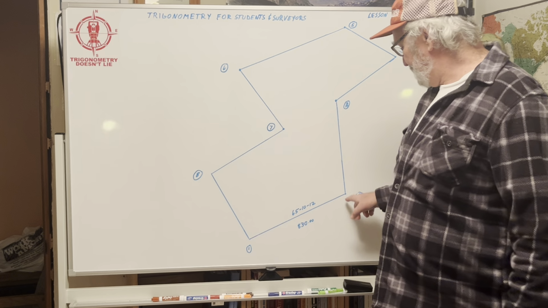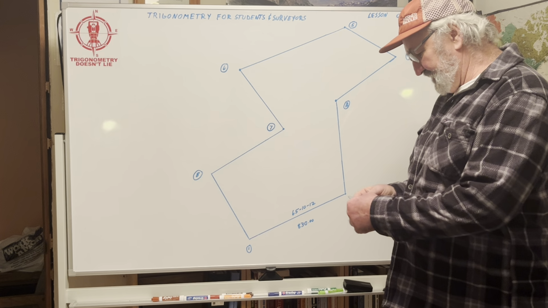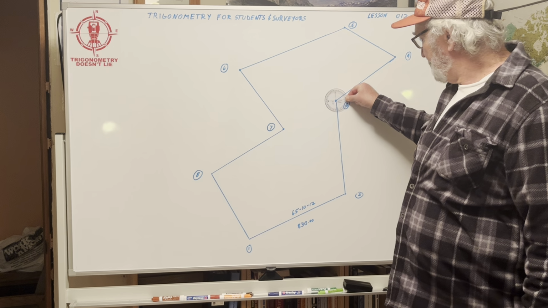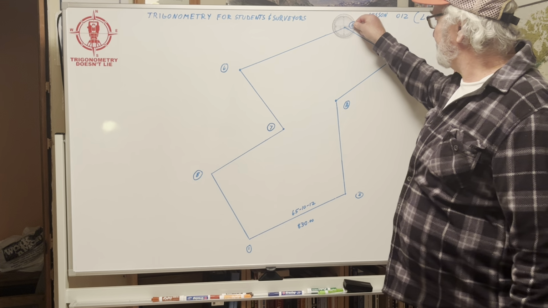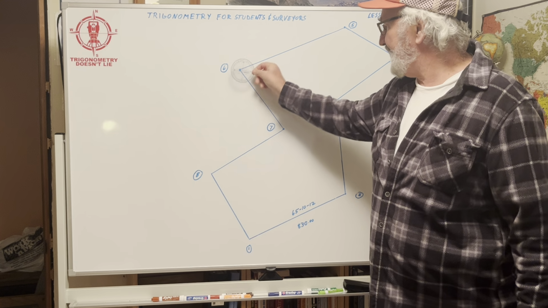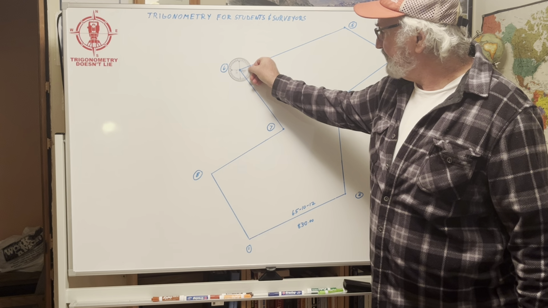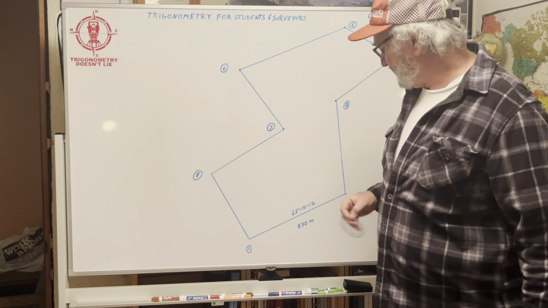So even though these come up to an angle, once you're sitting there, your instrument is going to know that you're north, south, east, west. This always is oriented this way. You don't change north and south to match these lines. The lines match whatever bearing or azimuth you're at.